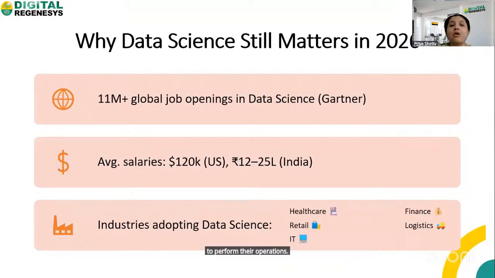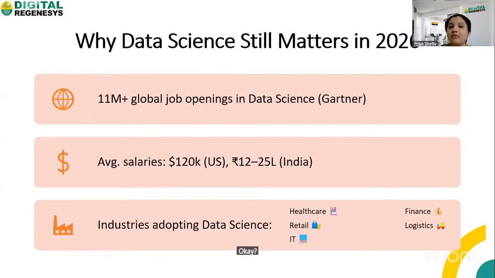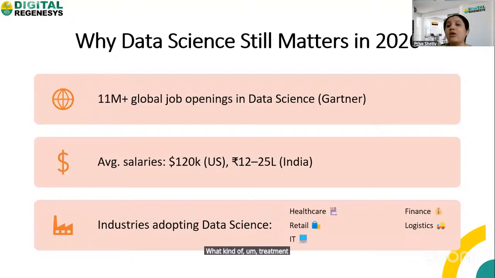For example, there are certain hospitals in the world which are analyzing patients' history to predict outcomes. If a particular patient is admitted, before performing any operation or starting medication, the hospital will analyze his previous history to understand what kind of treatment should be provided, because not every patient is the same, right?